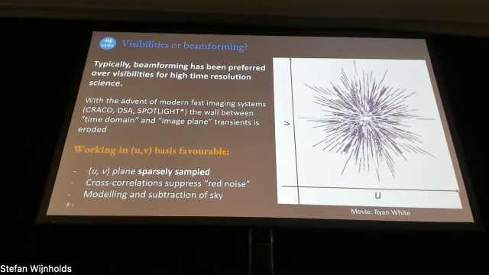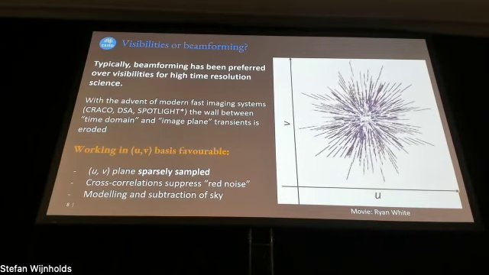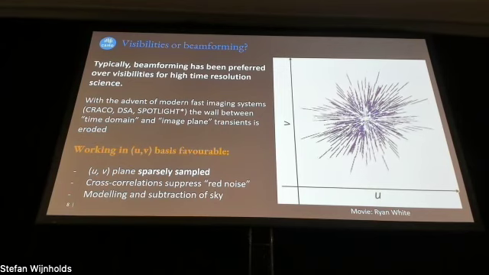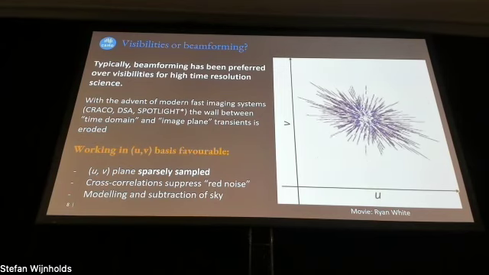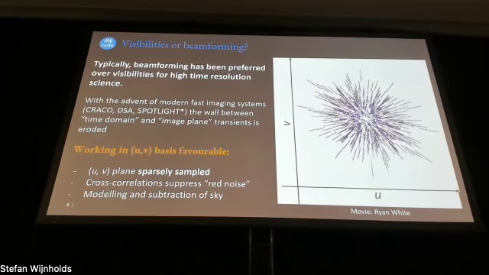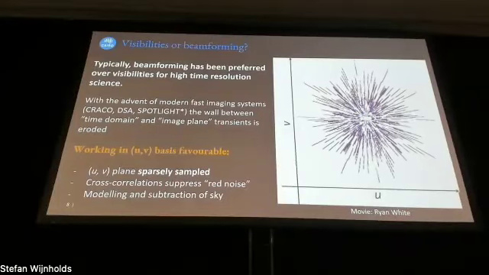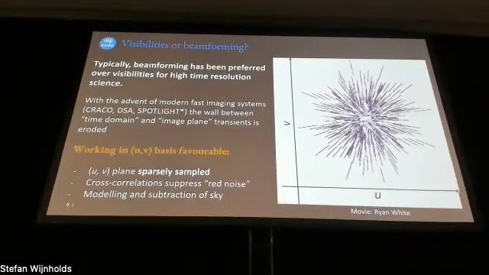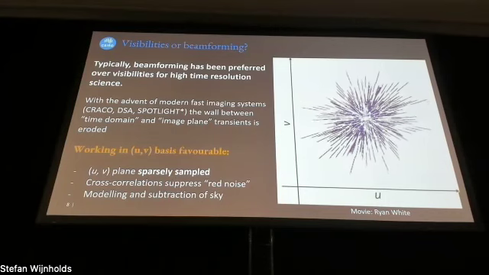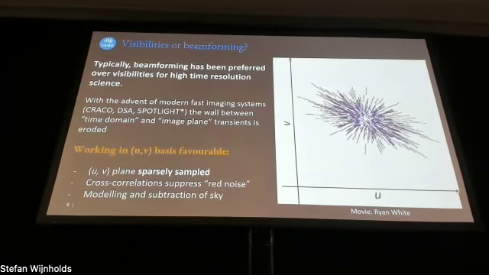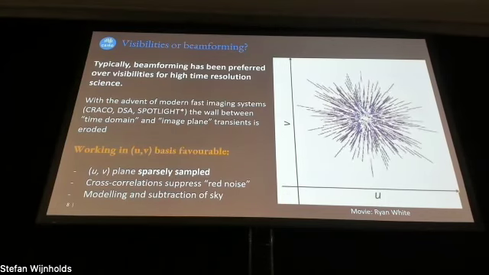But with the advent of modern fast imaging systems like CRACO and ASKAP, the DSA Spotlight as well is doing post-correlation beamforming. This wall between what has traditionally been called the time domain data and the image domain data is at least moving around, if not sort of crumbling.